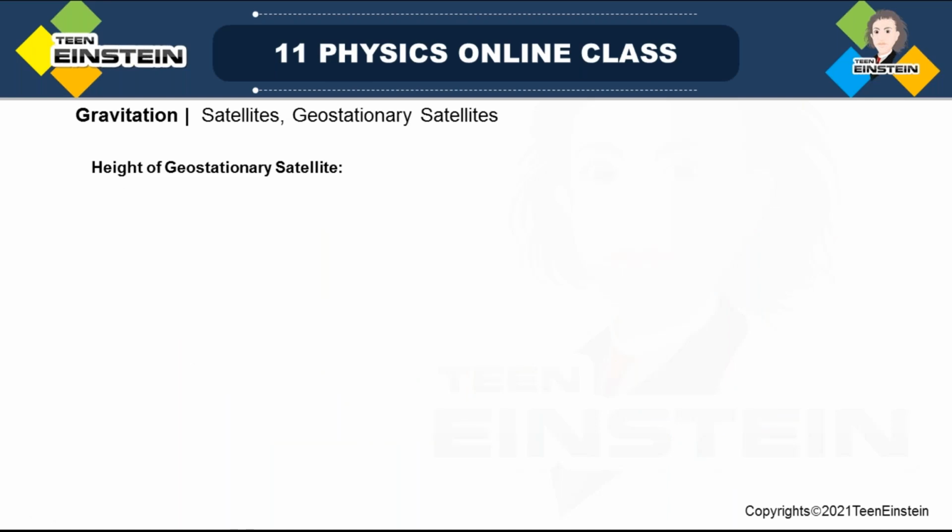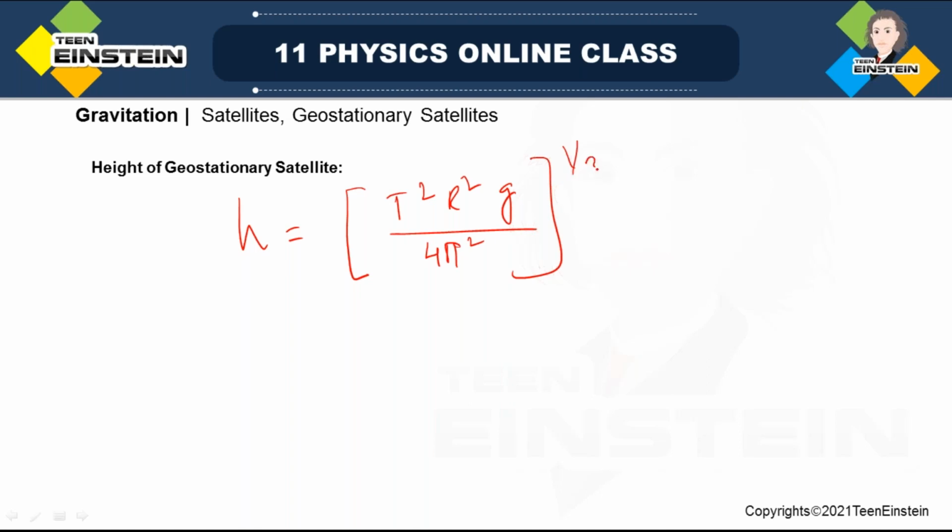See, we have already seen that the height of the satellite can be written as (GM T squared by 4 pi squared) whole to the power 1/3, and then minus R. So this is what we have seen from the previous derivation.